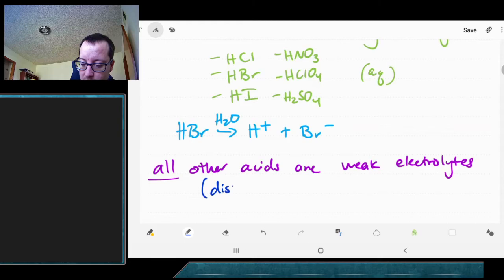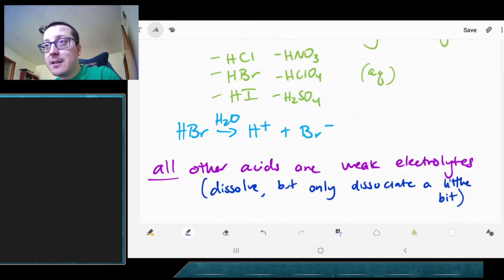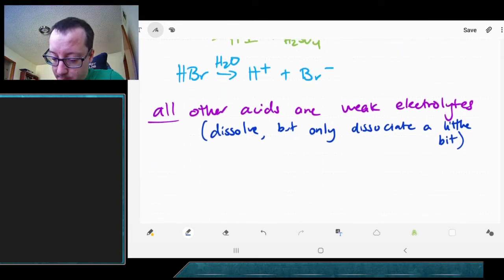They will dissolve but only dissociate a little bit. So for example, all other acids are going to be weak electrolytes. They only break a little bit. And so we see that they only very weakly conduct electricity because there are not a lot of ions in there. There are some, but not a lot.